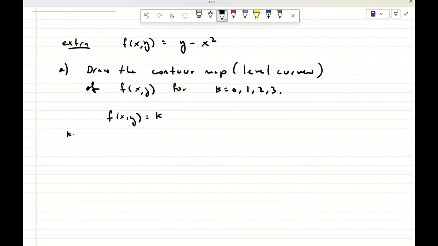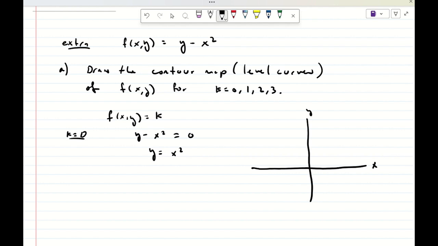For k equal to 0, we're looking at y minus x squared equal to 0. So this would be a parabola, y equals x squared plus 0. On the xy plane, this graph would be a simple parabola touching the origin 0, 0. And this is the level curve for k equal to 0.